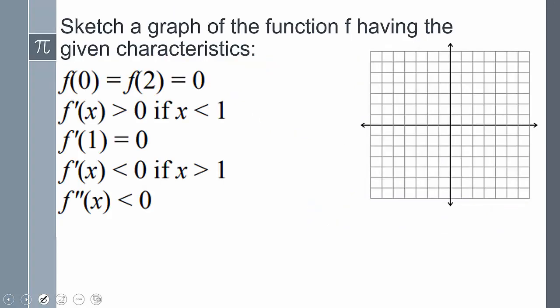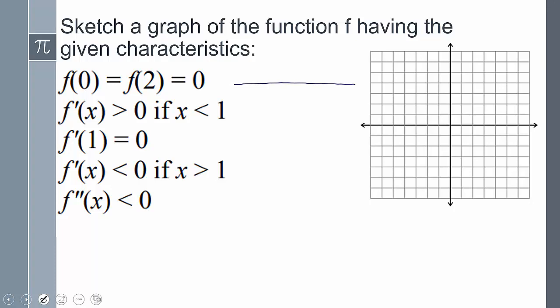Next, sketch a graph of the function f having the given characteristics. We have f of 0 equals f of 2 equals 0. My derivative is greater than 0 when x is less than 1. So we've got to start drawing this out.